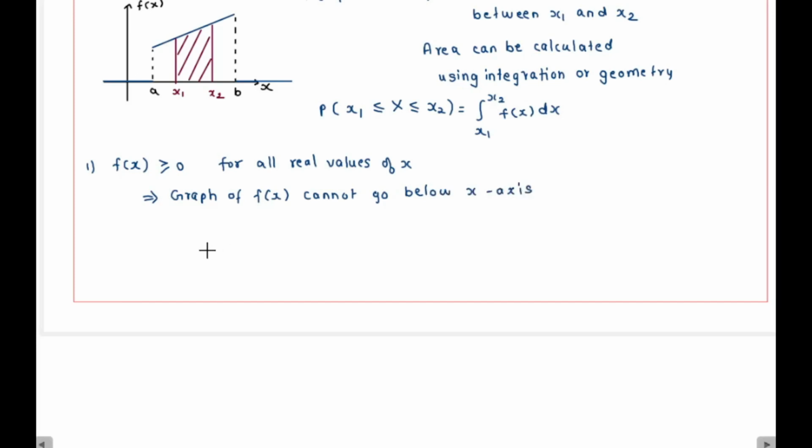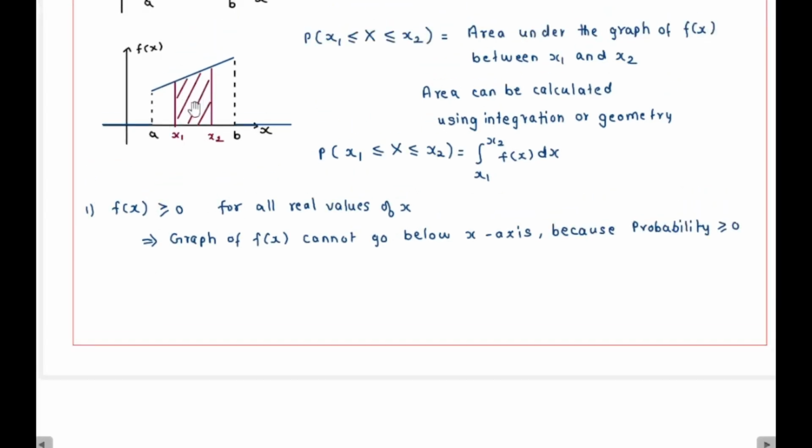Why? Because probability is always greater than or equal to 0. The minimum value of the probability is 0. And what we are trying to find out is the probability.